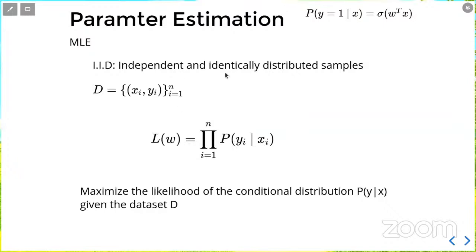That is what we mean by identically distributed. And we also assume that they are independent. The moment we assume that they are all drawn independently, the probability of seeing this entire data set is nothing but the product of probabilities of seeing individual points. That is called the likelihood. Likelihood is nothing but how likely it is that I observe this data set coming from this distribution P of y given x.